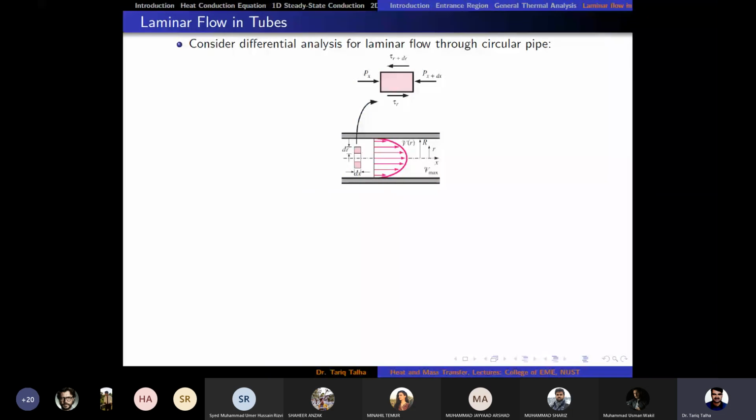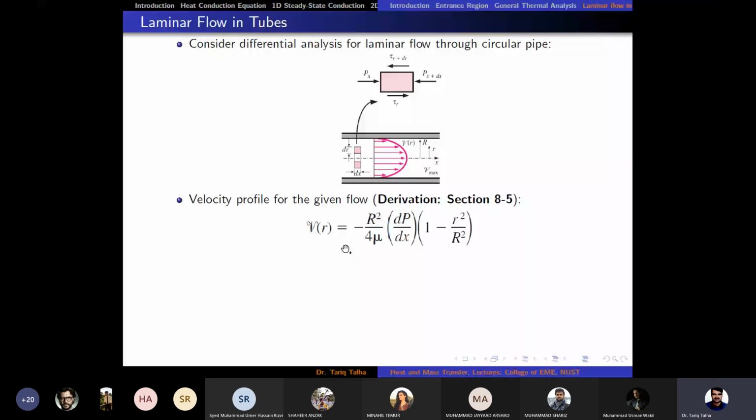Okay, have you discussed this thing in your FM2 course? Anyone? Okay, and do you know the relation between the mean velocity and the velocity profile, in terms of the pressure gradient?